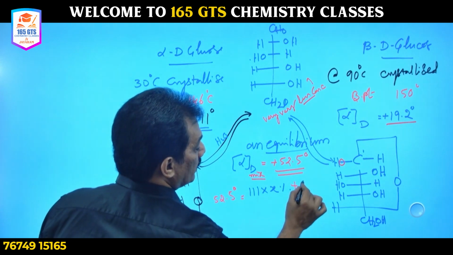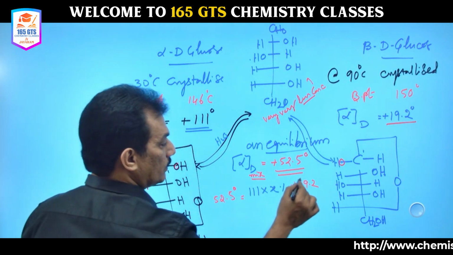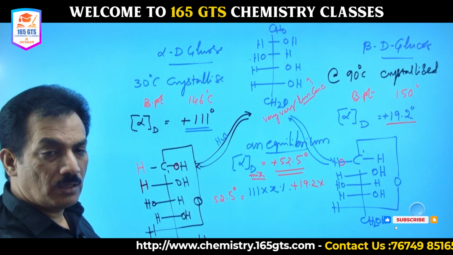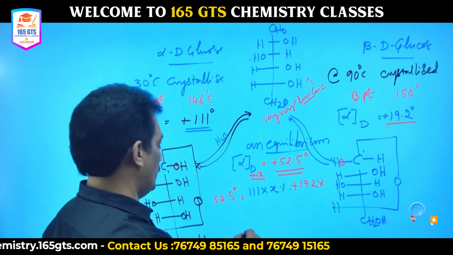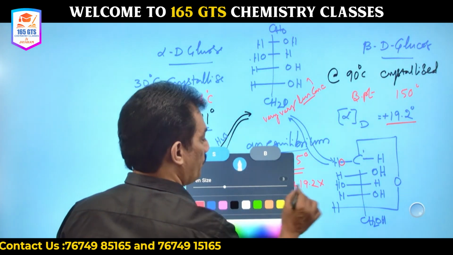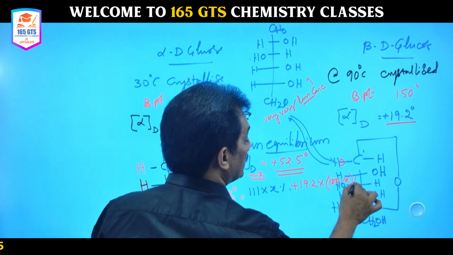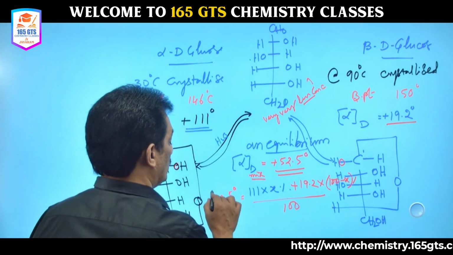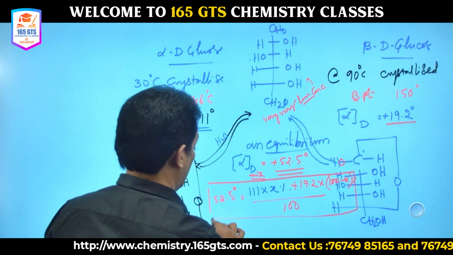The beta form has 19.2 specific rotation into, now when X percentage is alpha, what is the percentage of beta? Only two are present? Yes, it is nothing but 100 minus X percentage by 100. That will give this X and 100 minus X.